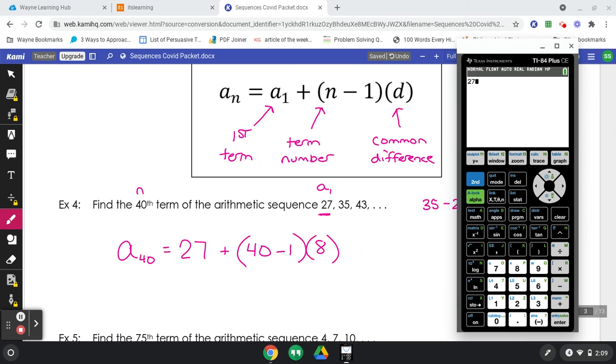So I'll do 27 plus, and I'll start a parenthesis, 40 minus 1, close the parenthesis, and multiply by 8. I'm just going to type it in exactly as the formula is set up. And we get an answer of 339. So if I wrote out 40 numbers in the list, the 40th one would be 339.